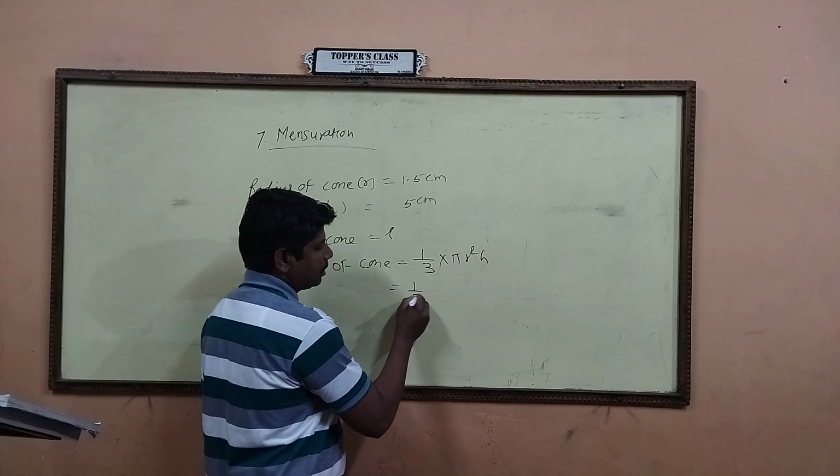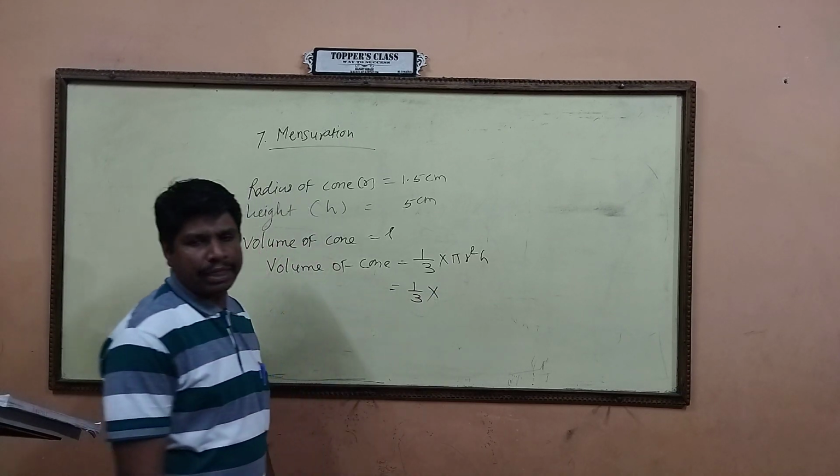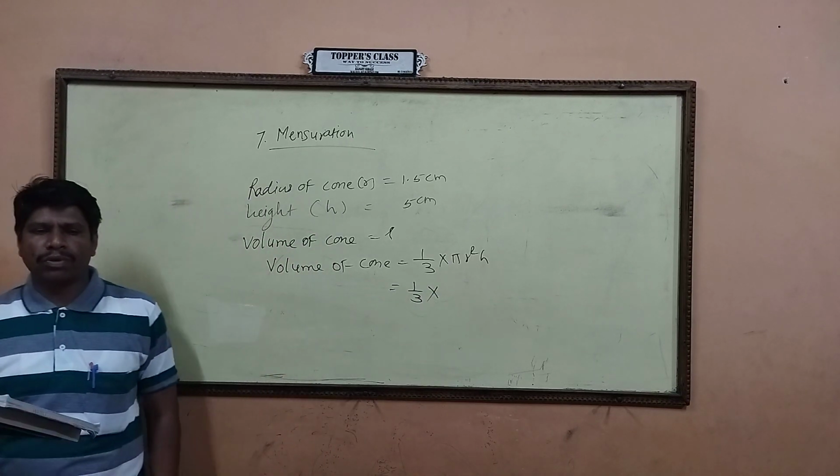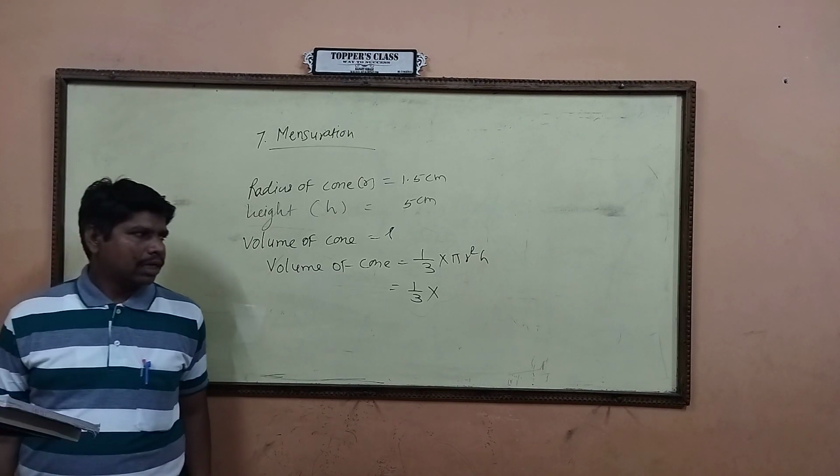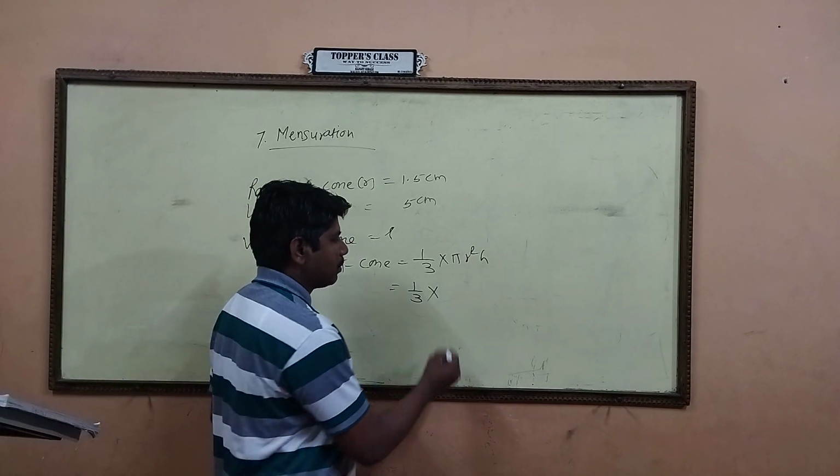Now 1/3 as it is. Pi's value you can take either value. If 3.14 is given, you can utilize that. But in your problem it's not given, so you can directly use 22/7.